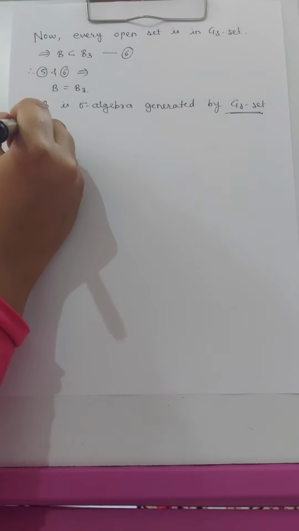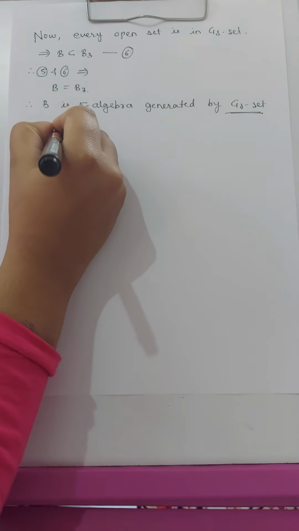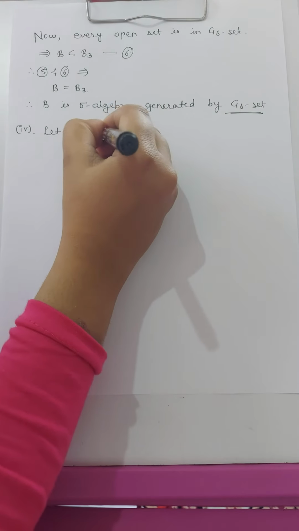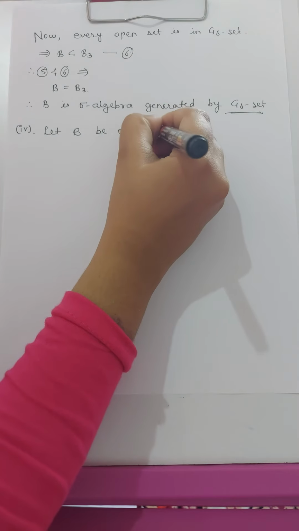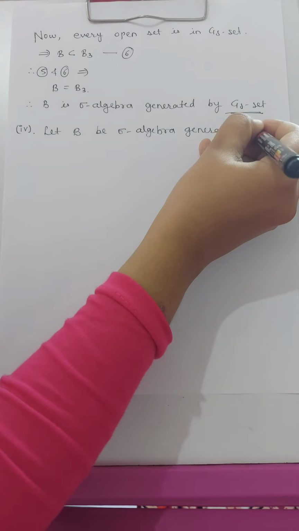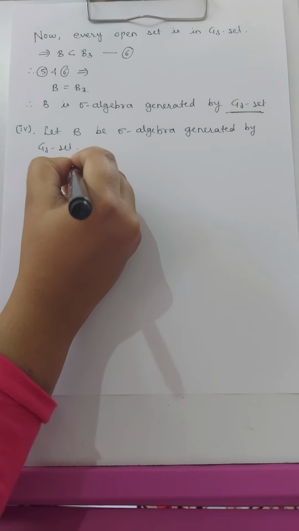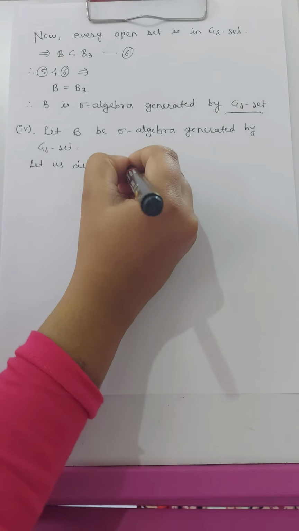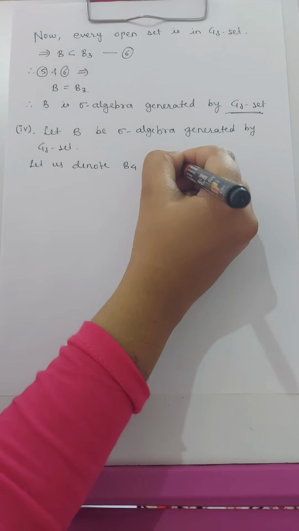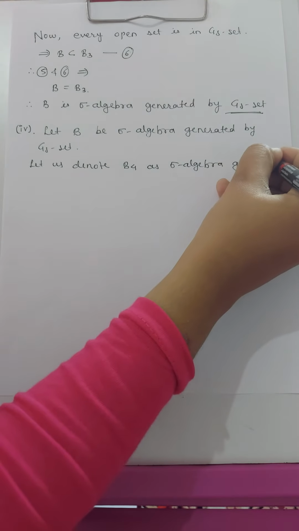Now the fourth one. In this we have to prove that the class of Borel sets is sigma algebra generated by F sigma sets. So let B be sigma algebra generated by G delta sets, and let us denote B4 as sigma algebra generated by F sigma sets.